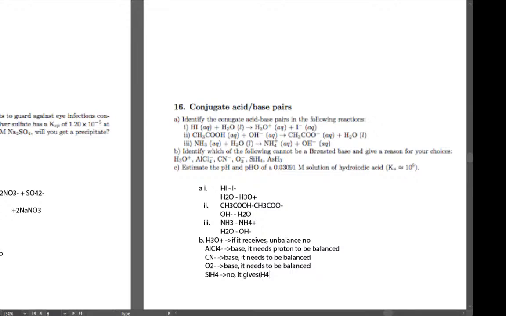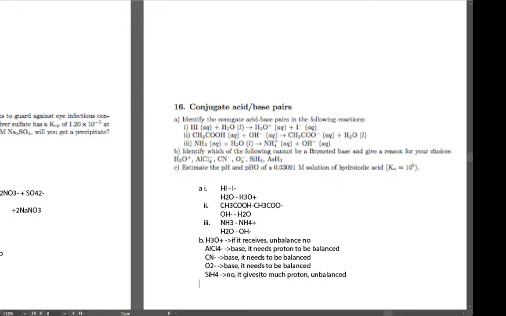The Si-H is a strong bond. No, it gives, because there's too much proton, unbalanced.